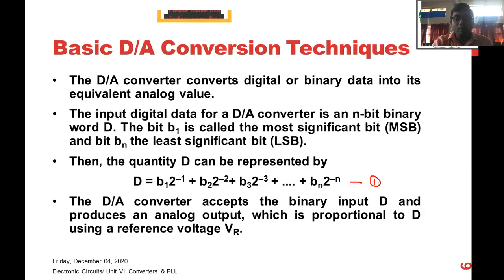Now a digital to analog converter generally accepts the binary input word D and produces an analog output which is proportional to D using a reference voltage VR.